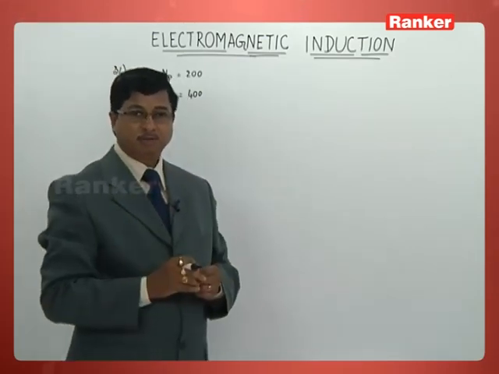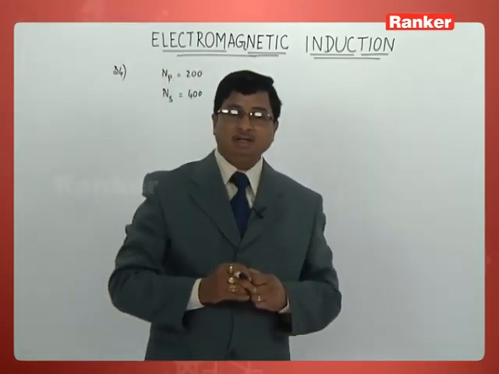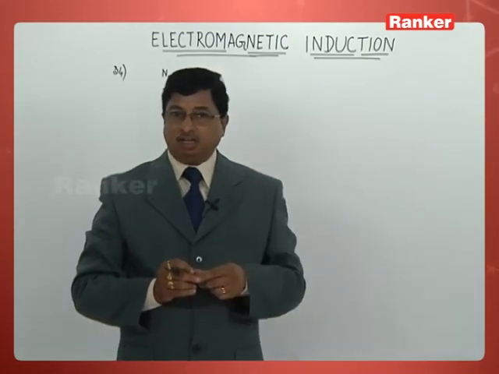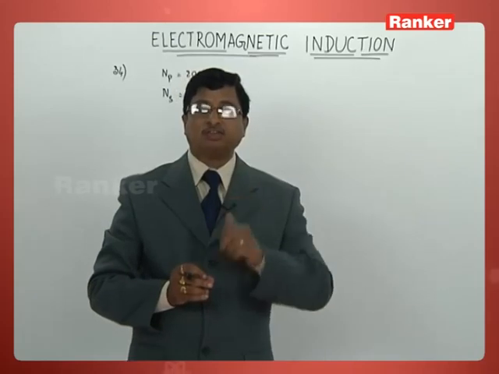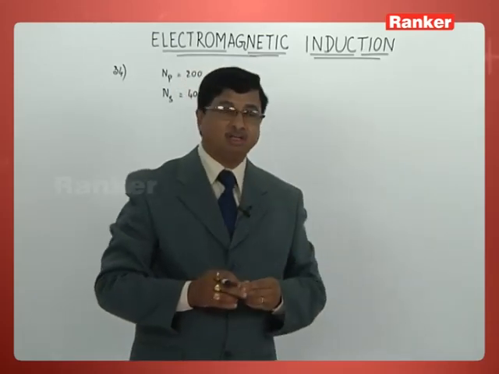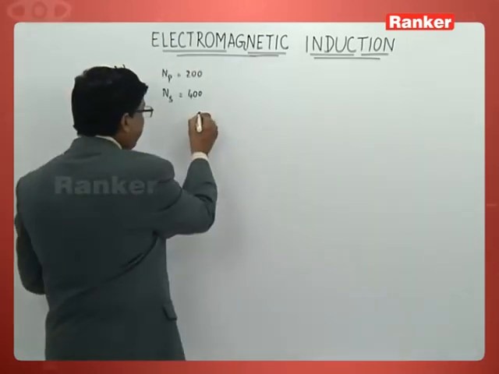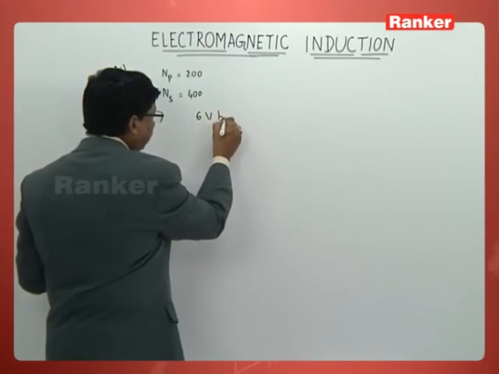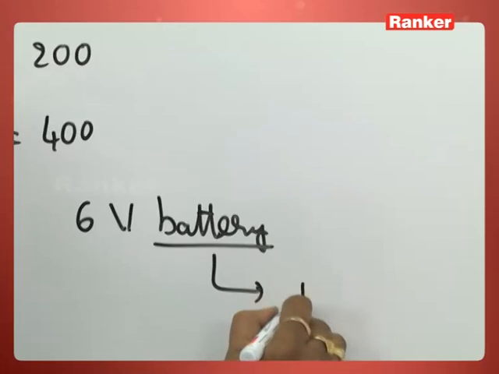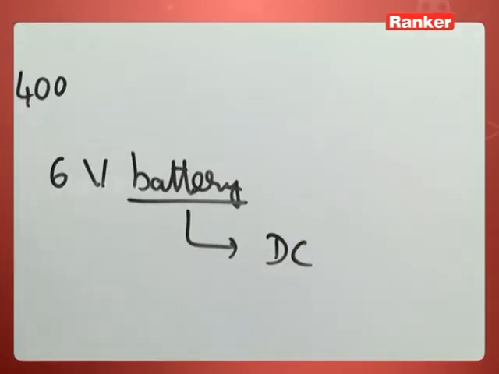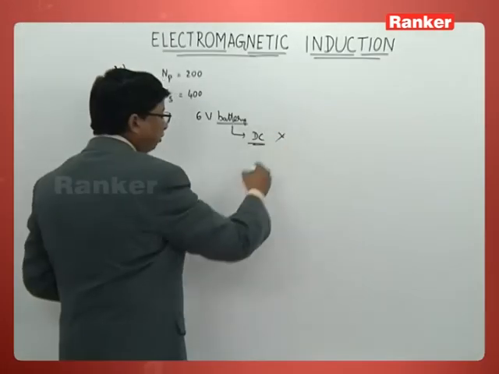Fine. But what did he say? The secondary, when a battery of 6 volt with negligible internal resistance is connected across primary. 6 volt battery is connected. Remember this wording. Battery provides DC. So on DC, transformer does not work.